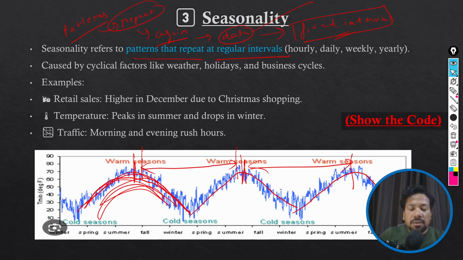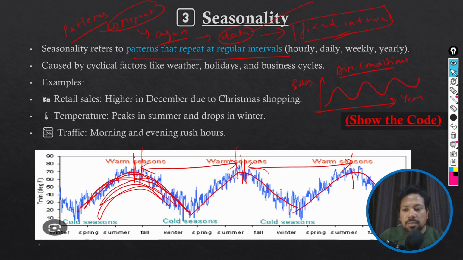Okay, if I give you a very simple example, you have seen that the sales of air conditioners (AC) increase during the summertime and the sales decrease in the winter. So if you plot the sales of air conditioners throughout the year, then the graph would look like this, right?